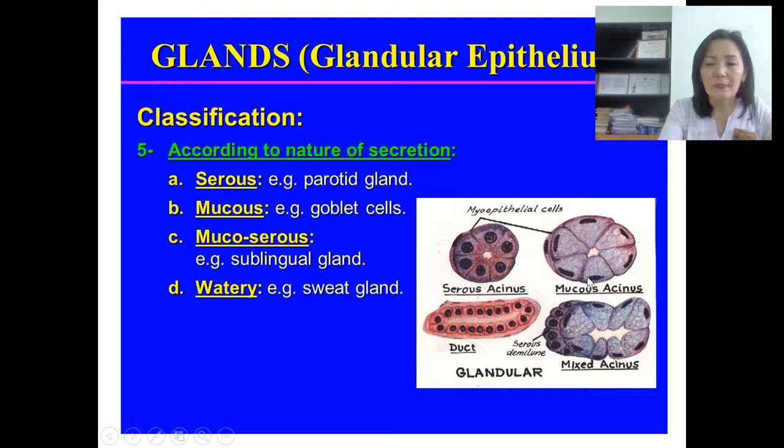The secretory portion of this gland consists of mucous cells, mucocytes. And we can see mixed glands, because the secretory portion consists of mucous cells as well as serous cells. That's why we can say mucoserous gland or mixed gland. There are many classifications.